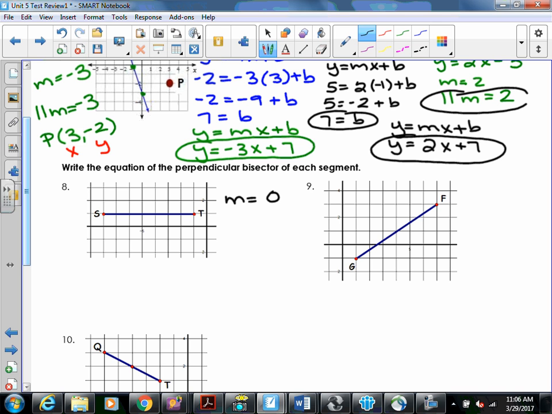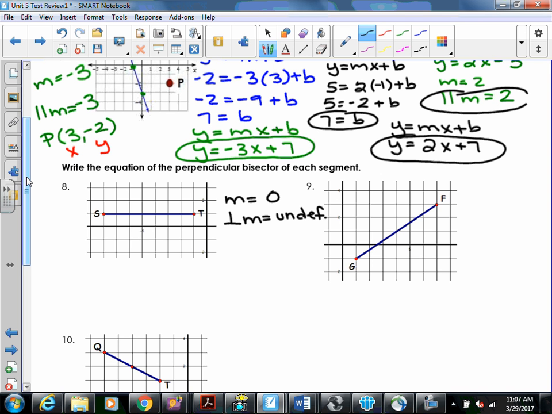What is perpendicular? If it's perpendicular, what is that? It's undefined. Remember we talked about that? I drew those graphs up here. If it's a horizontal line, there is no slope because there's no rise. If it's a perpendicular line, the slope will be undefined.